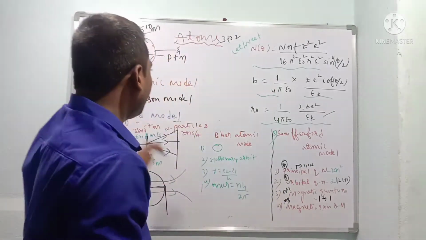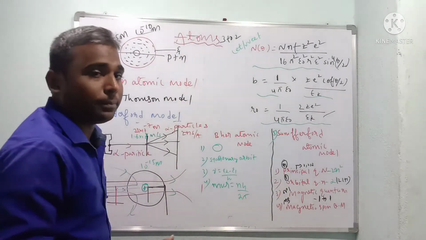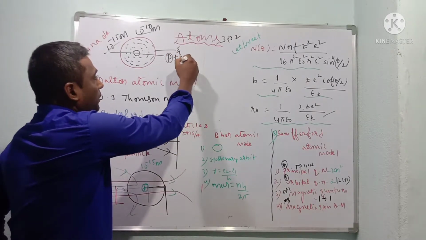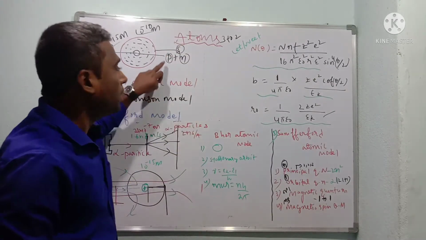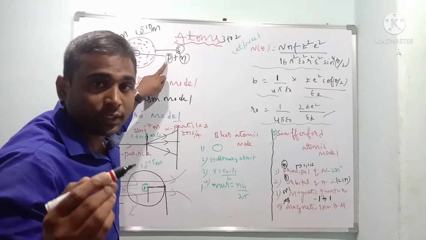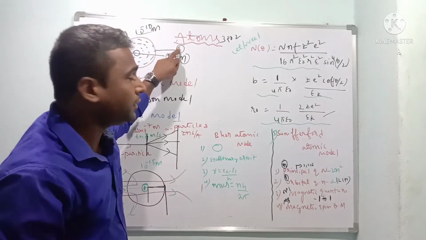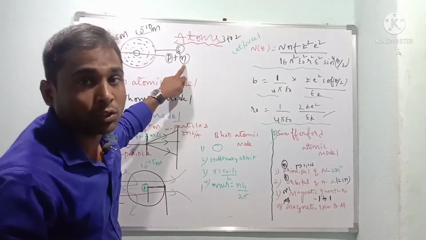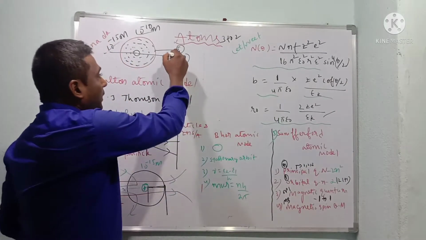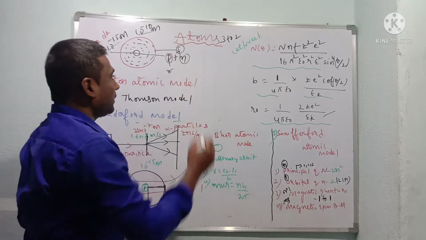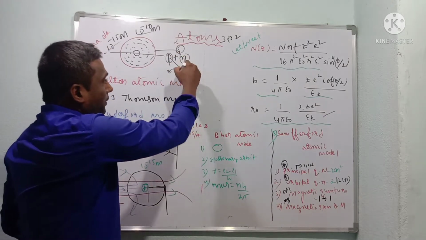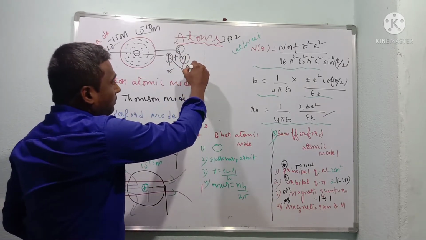Now, the atom is made up of 3 fundamental particles: protons, neutrons and electrons. Protons are positively charged, electrons are negatively charged, and neutrons have no charge. The number of protons is the atomic number, and protons plus neutrons is the mass number.